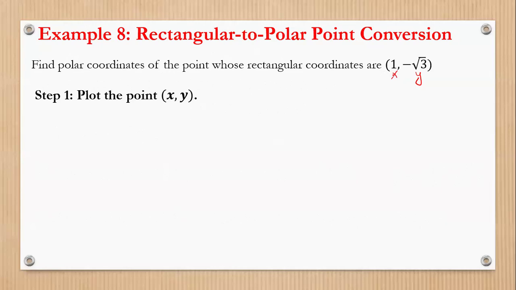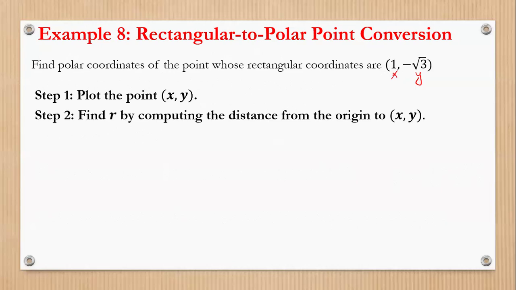And then we need to find r by using the formula r is equal to square root of x squared plus y squared. So plot the point. x is 1, y is -√3, which is about -1.7, so it's in the negative direction and gives me this point.